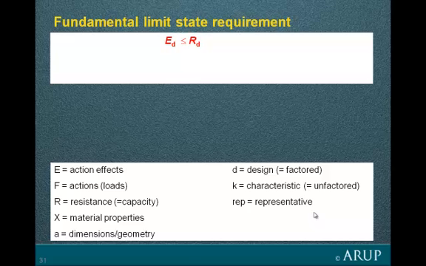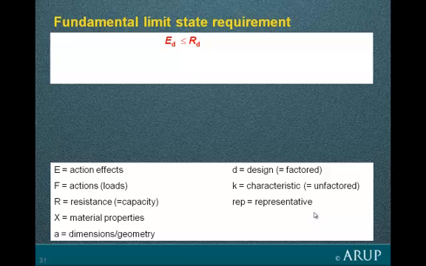So it could be a bending moment, or it could be bearing pressure on a footing, where you've done a load takedown and found what we might loosely call the load on the footing, the force coming to the footing, and that's the action effect on the footing. And we'd be comparing that with the resistance. The resistance could be bearing capacity, could be bending resistance of a beam or a column, or it could be a bending resistance of a wall. So E could be the bending moment in a wall, and R could be the bending resistance of the wall.